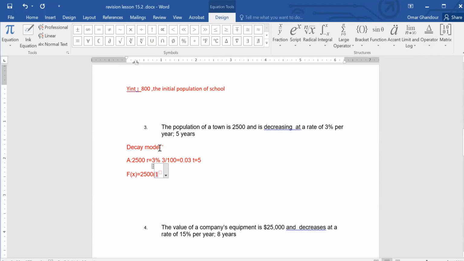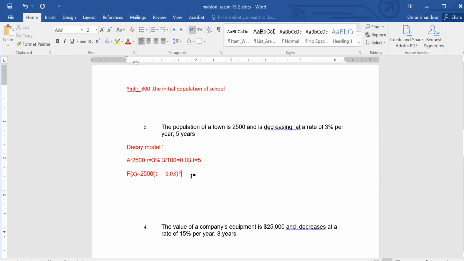So this is a decaying model, so it's 1 minus R. So it's 1 minus 0.03, and then the power. What is the power? It's 5, so power 5. And then you will find the solution using the calculator. I will write for you the answers at the end.